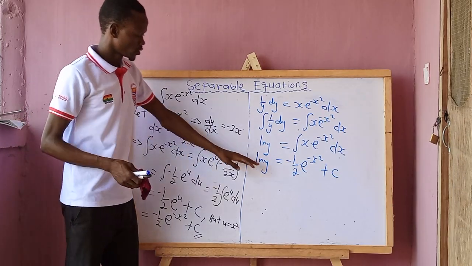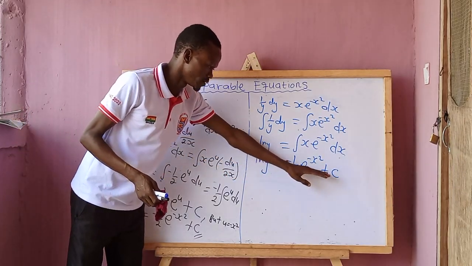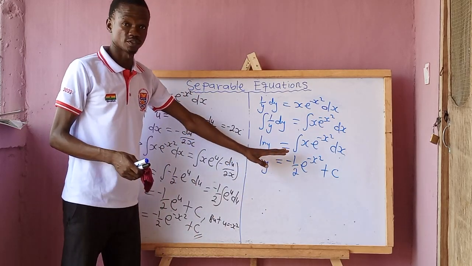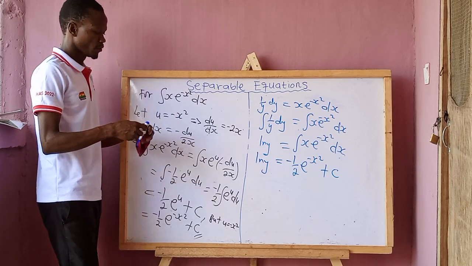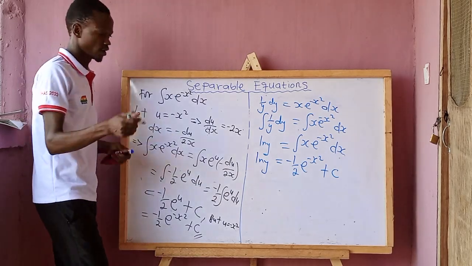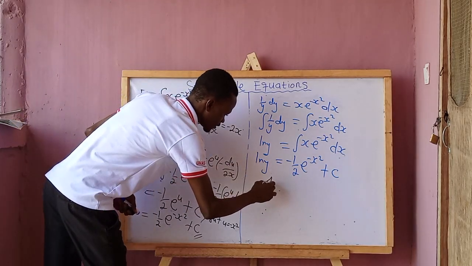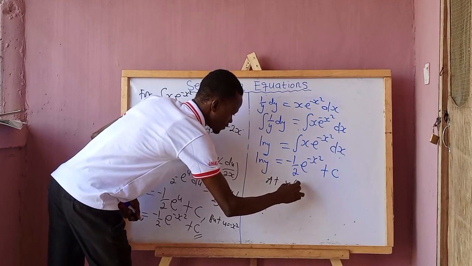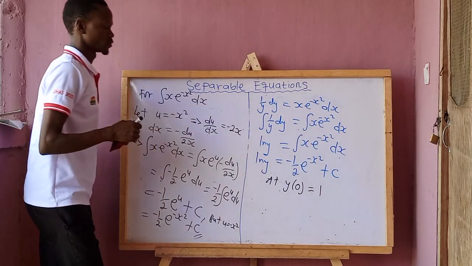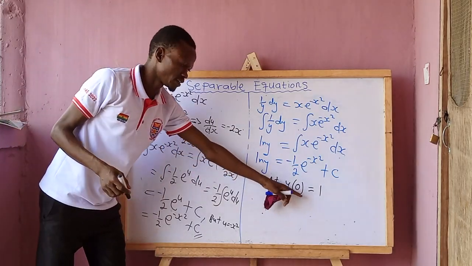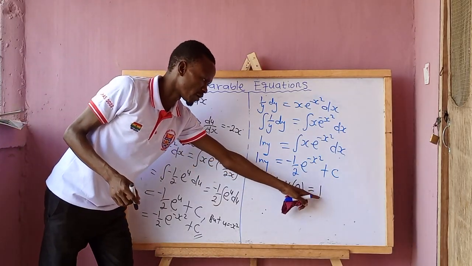Okay, so we have this now as the general solution, because we do not know the value of c for now. Now we put in the initial values. The initial value says y of 0 is equal to 1. That means at this point, x is 0 and y is 1.